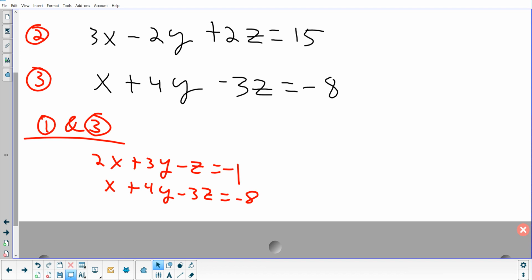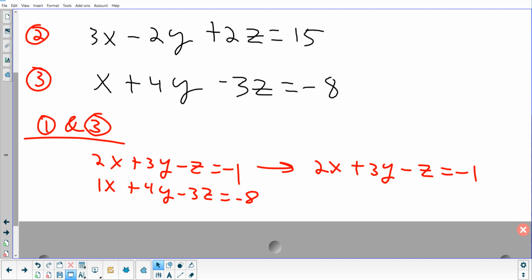X. So, if you want to eliminate x, what's the least common multiple between 1 and 2? Yeah, 2. So we're going to keep the top equation the same. 2x plus 3y minus z equals -1.